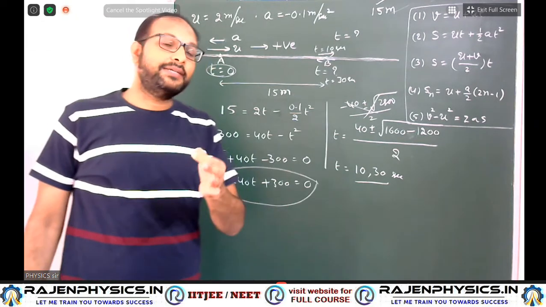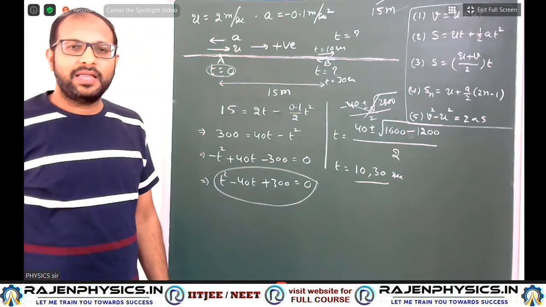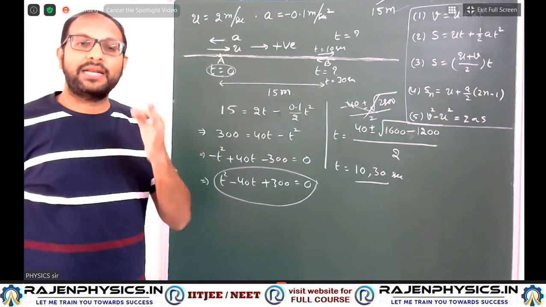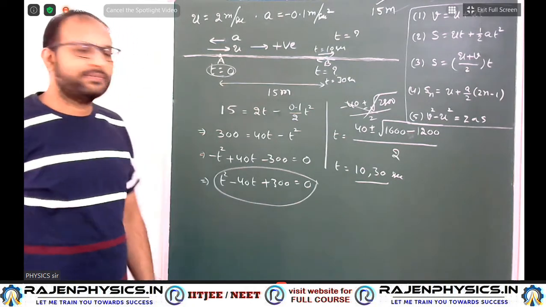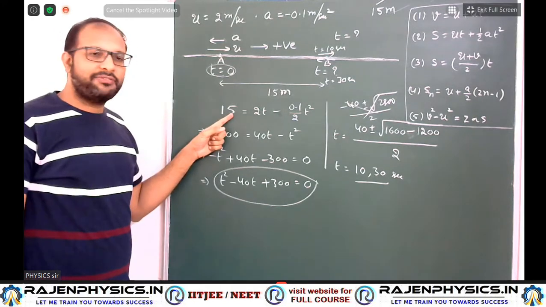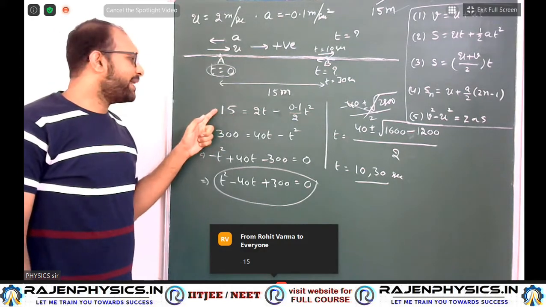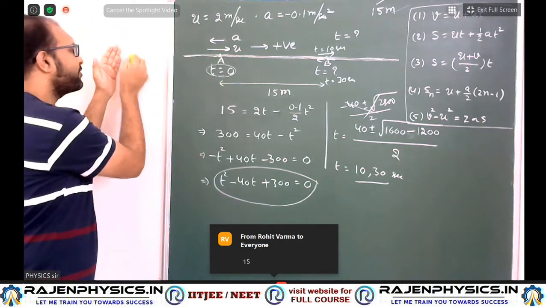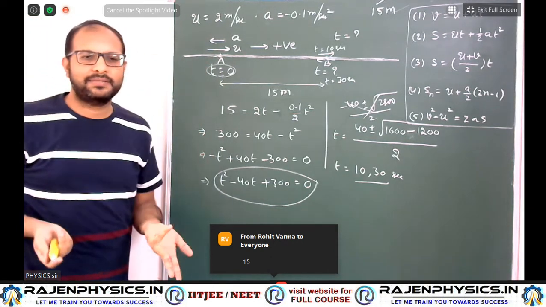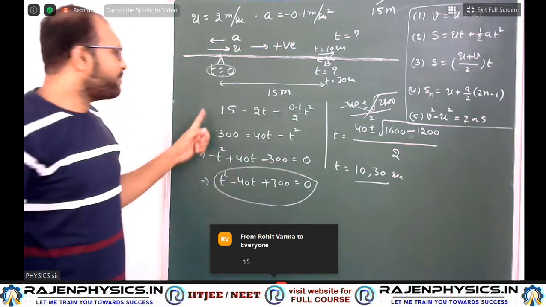Simply once after reaching the A, then going away only. But how to calculate this third time? Very simple logic. Instead of plus 15, take minus 15. Because A to this side, left side is 15 meters. That's why take minus 15.